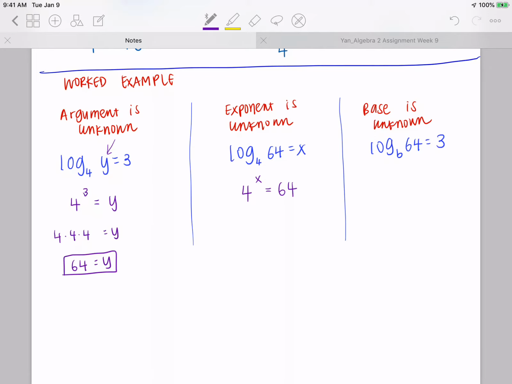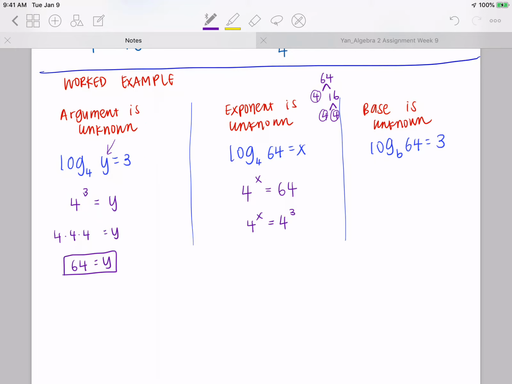We can't really do anything to the first part. What we can do to 64 is break it down into numbers that I know. 64, if I break it down, 4 times what gives you 64 is 16. 16 I can break down to 4 and 4. Then these give me 4 to the third power equals 4 to the x.